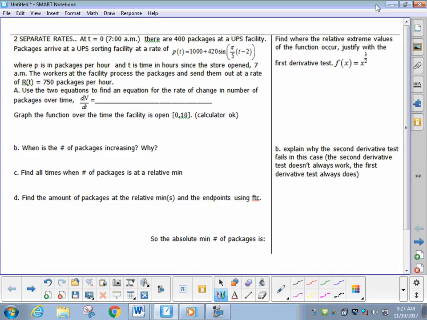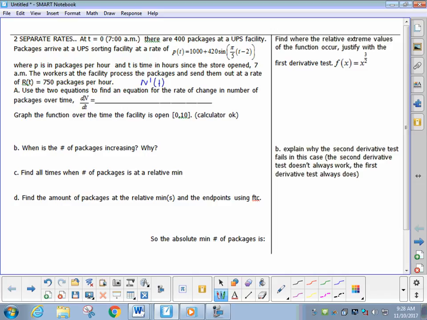So if I were to talk about the overall rate of change, I could think of it as a derivative of the number of packages, N prime of t or dN/dt: change in the number of packages with time. What are the two things that contribute to the rate of change in the number of packages? Packages and how much?